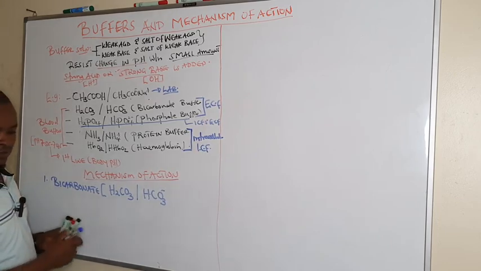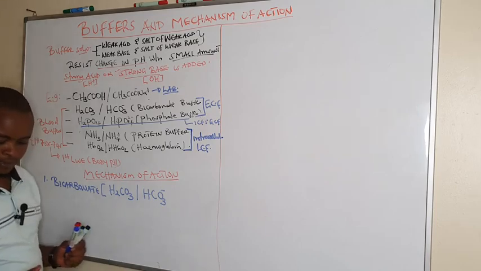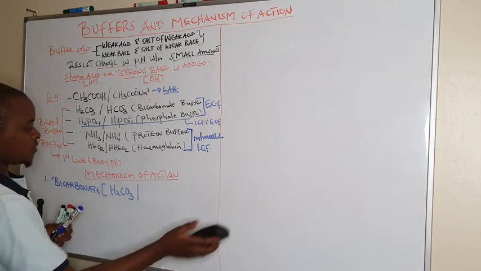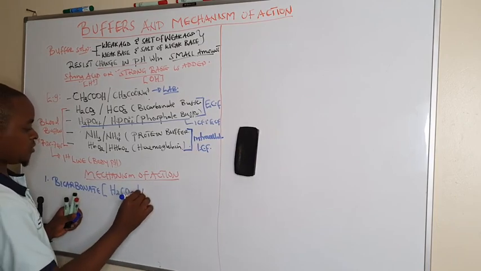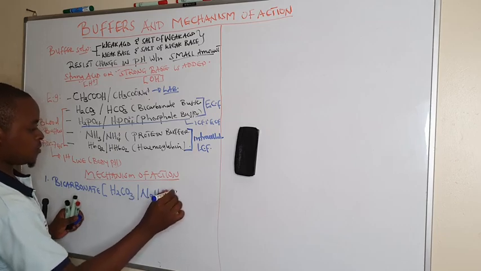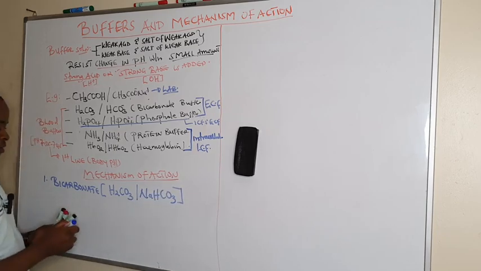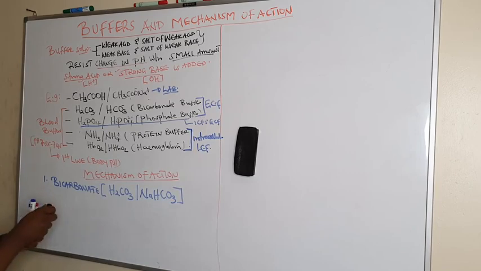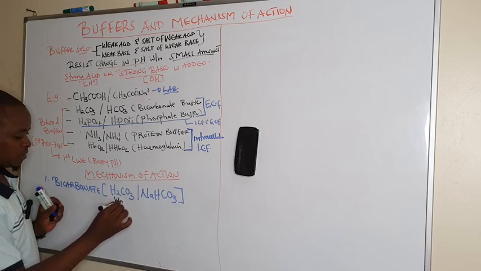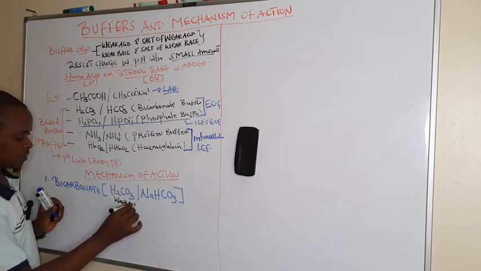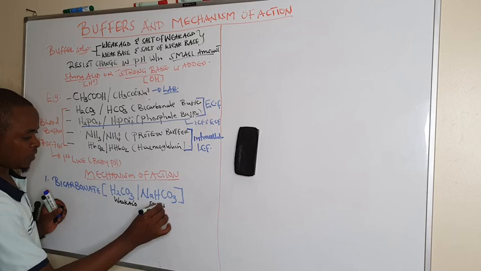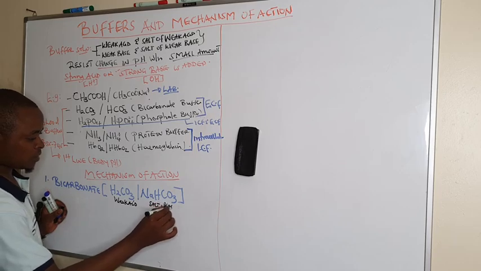Or we can easily call this sodium hydrogen carbonate, whereby this one is going to act as a weak acid, and this is a salt of a weak acid.